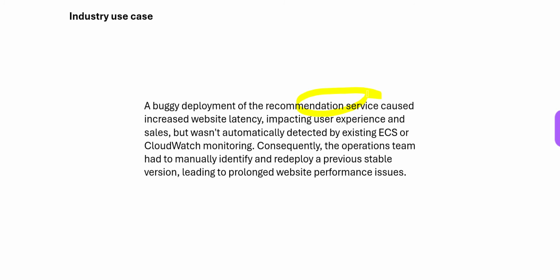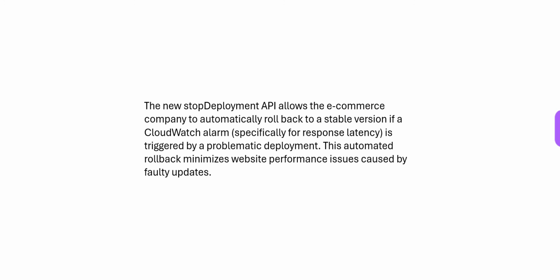This is because this slowness was not automatically detected by existing ECS configuration. Neither CloudWatch monitoring could detect it. So now this new stop deployment API, what this gives an e-commerce company an edge is it will automatically roll back to a stable version.